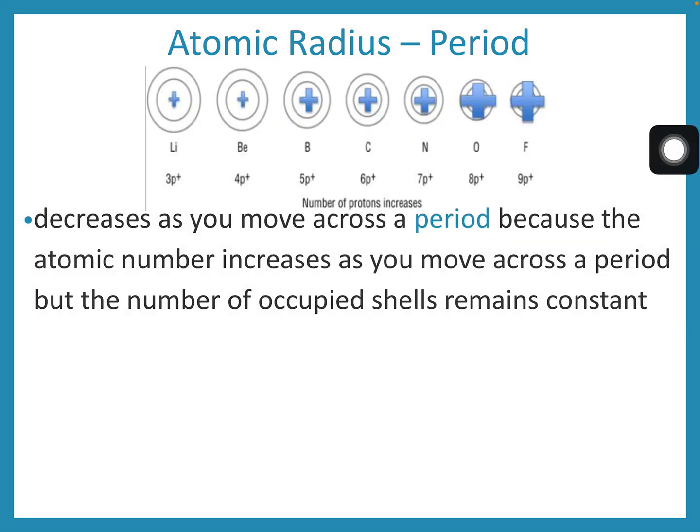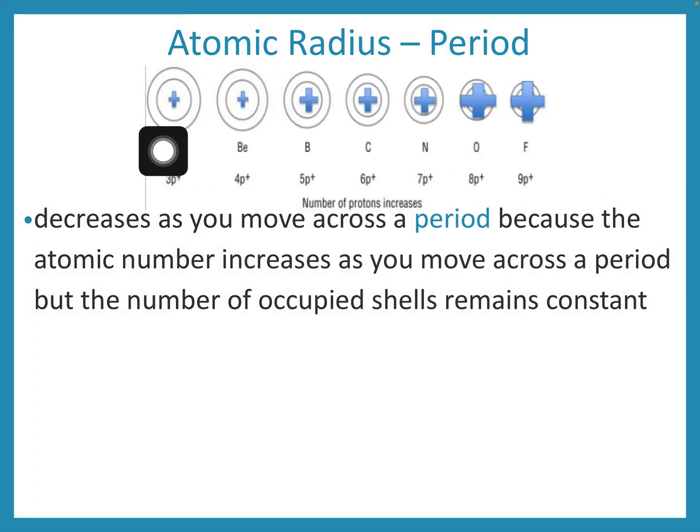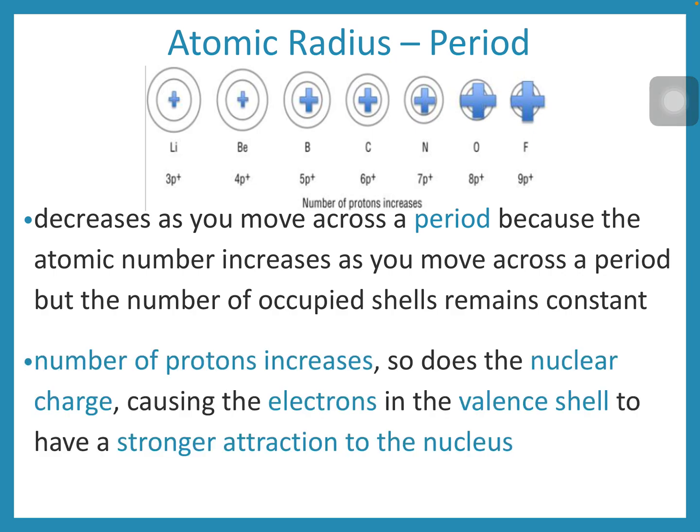The reason that happens is as we keep the number of shells of electrons the same, but we add more protons in the nucleus, we have a greater charge in the nucleus. And so as we have more protons, there is a stronger force pulling those electrons in the shells towards the nucleus.